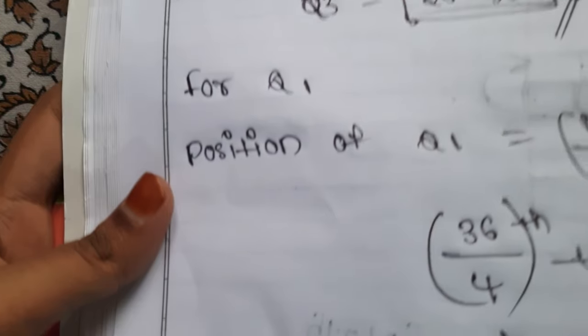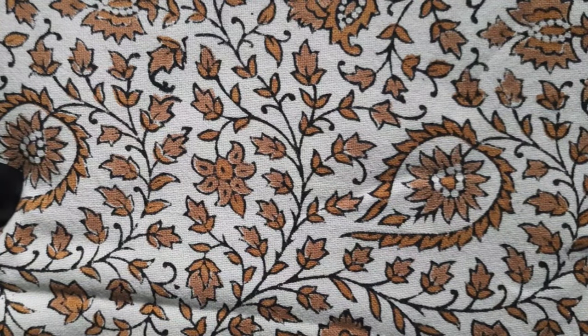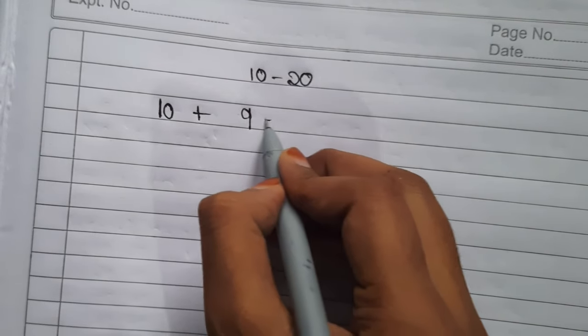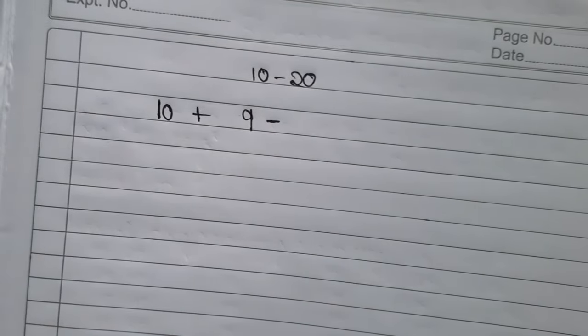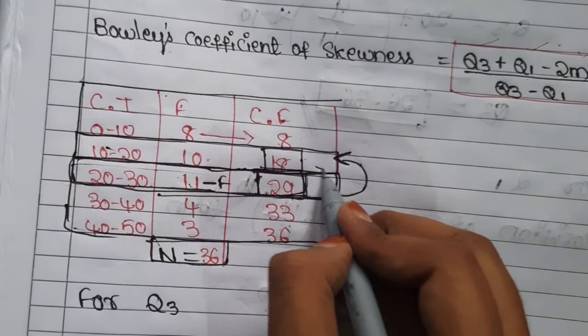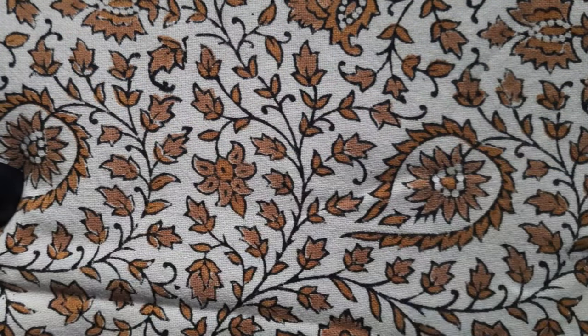It is 9. So we will be taking 9 here. 9 minus cumulative frequency. As I said, in the cumulative frequency we are not going to take this one, we are going to take the above one, 8.